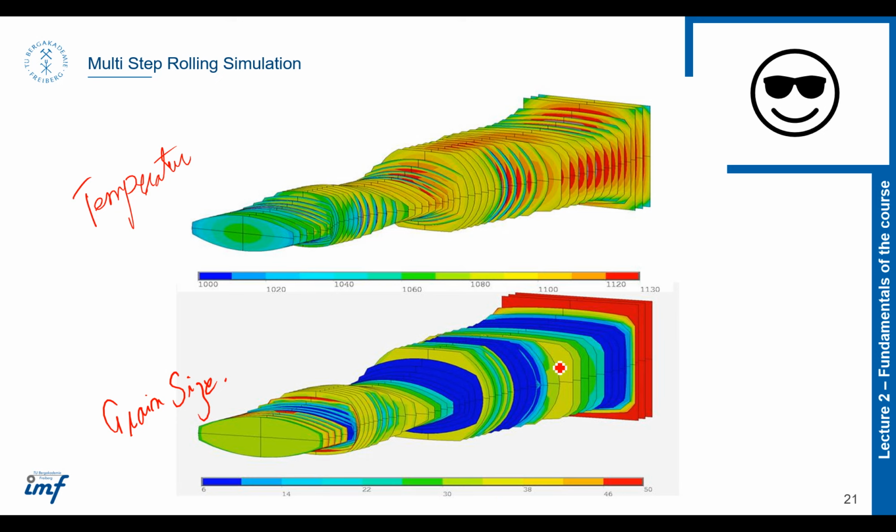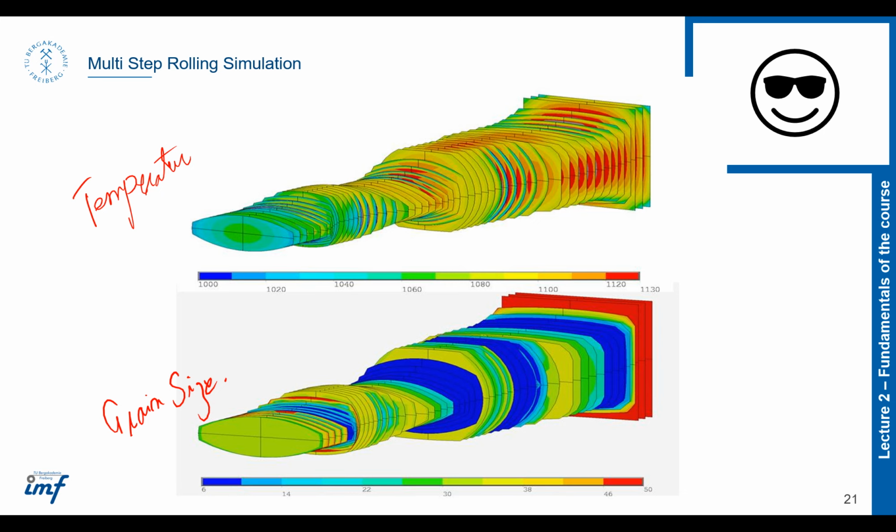But due to a certain time constraint it then grows again after the rolling process. In the end we have a grain size of almost around 30 micrometers, and here we see the different temperature fluctuations along the model.